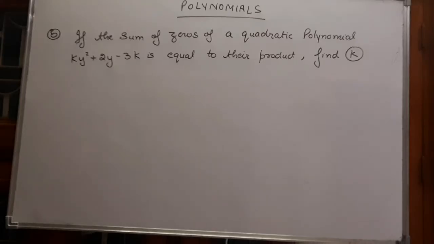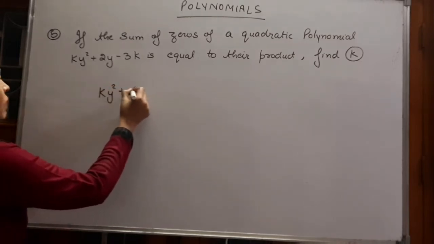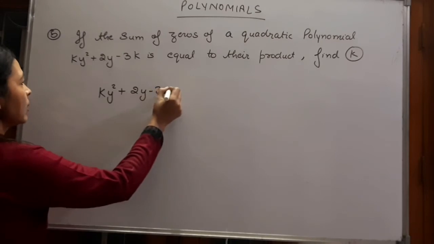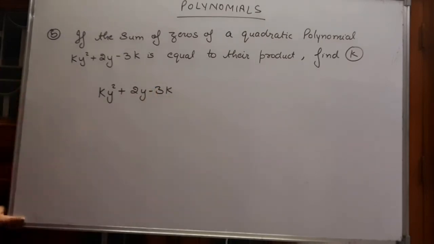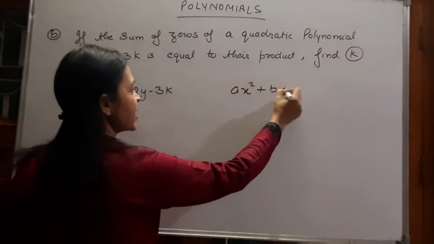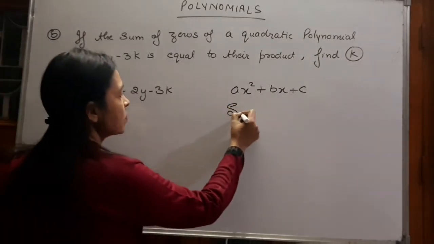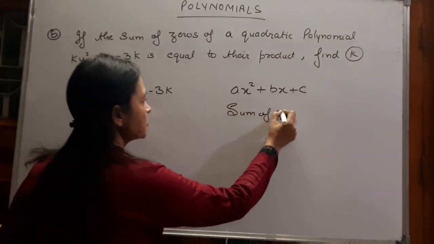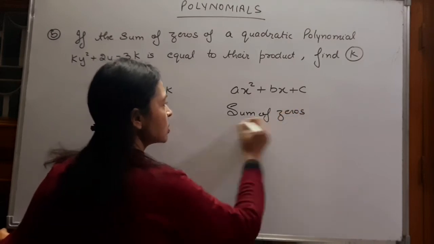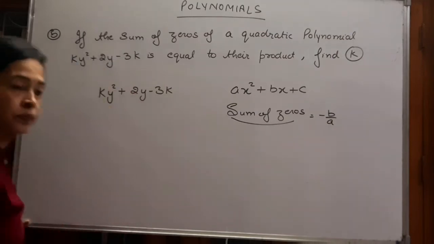If the sum of the zeros of a quadratic polynomial, which is k y square plus 2y minus 3k, is equal to the product, find the value of k, whose general form is ax square plus bx plus c, quadratic polynomial. What is sum of zeros? Sum of zeros is minus b upon a.